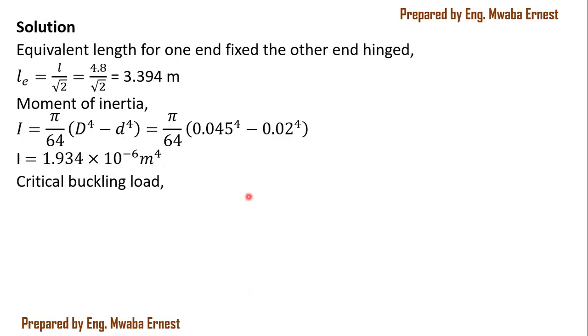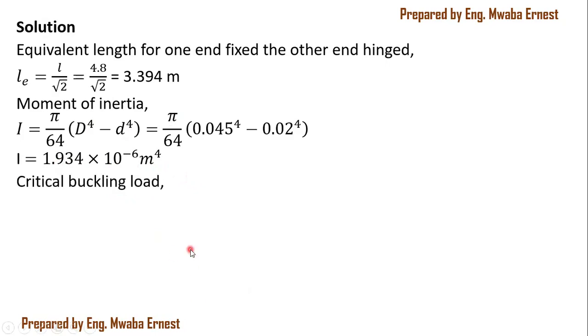Once you compute that, you end up with 1.934 times 10 raised to power negative 6. This is our I.